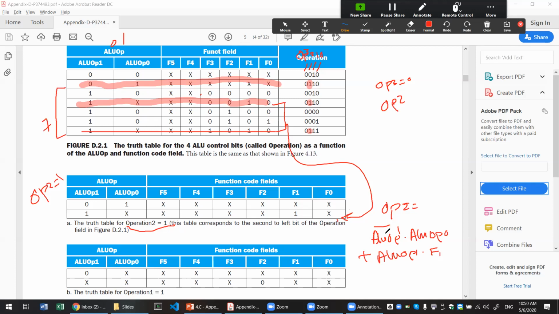Now, instead of writing this expression, because this is your new domain, if I say just ALU op 0, if ALU op 0 is one, give me one. Would this work?